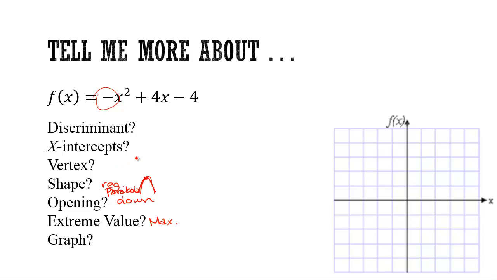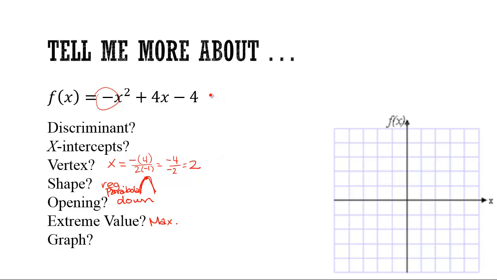What about the vertex? Let's do the vertex while we're at it. So x is going to be -b over 2a, which is -4 over -2, which is 2. So the x value is going to be 2.